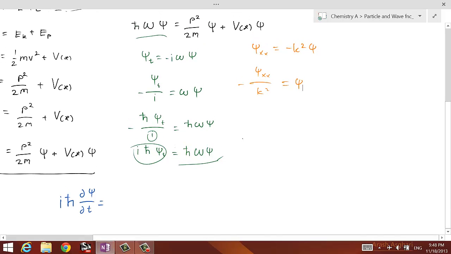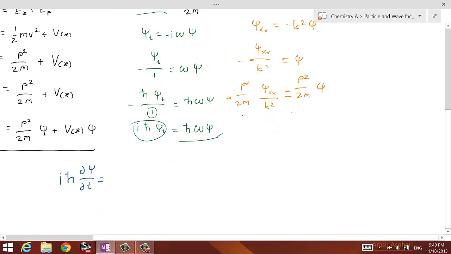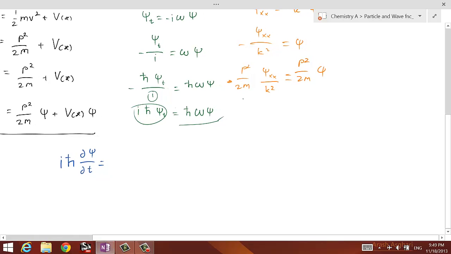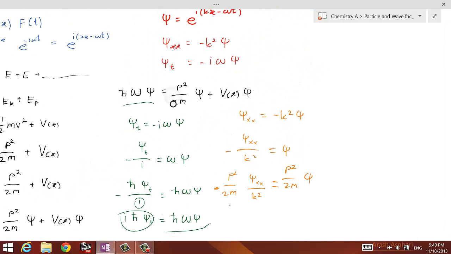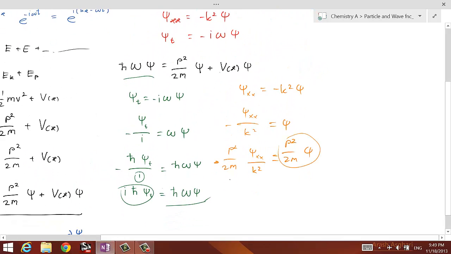I multiply both sides by p squared over 2m, so p squared over 2m times the wave function differentiated by x two times and k squared and minus in front, right, equal to this. Now I got this, they are identical.